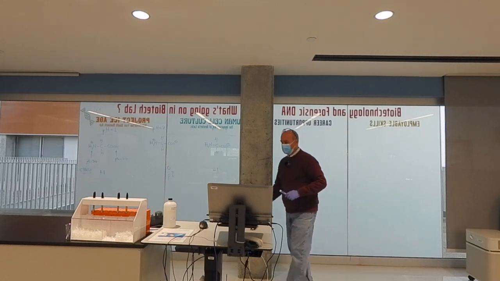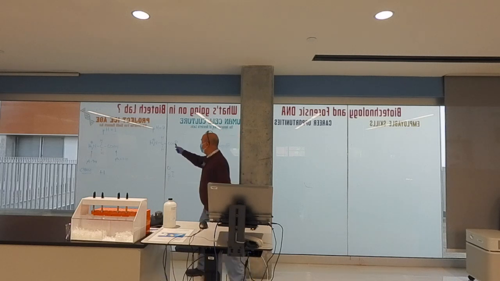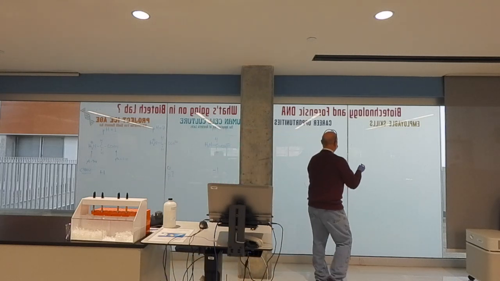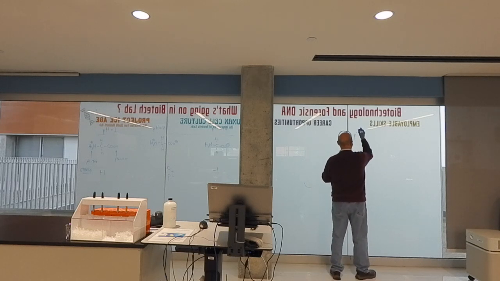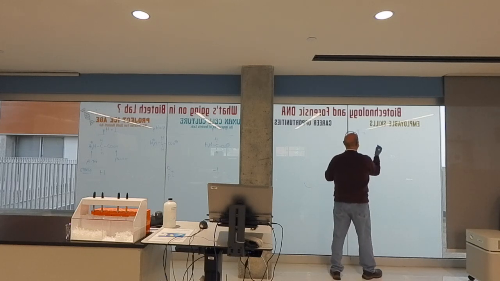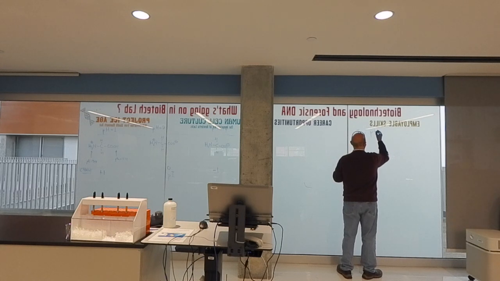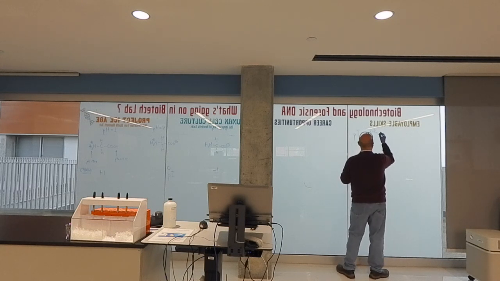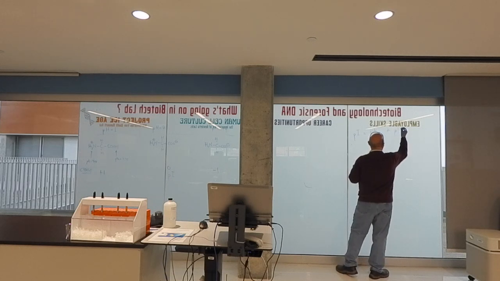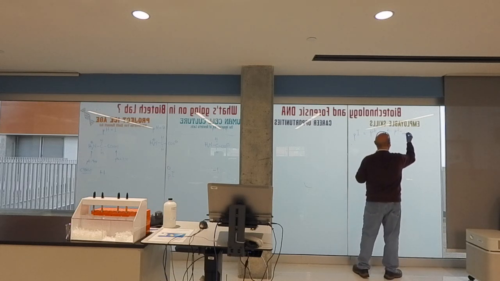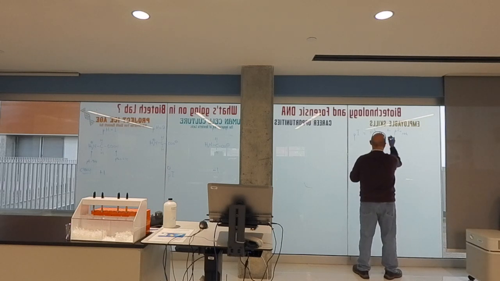And guess what? It's not 7. But let's see where it is. So how do I calculate the pI of glycine? It's going to be the pKa of the carboxyl group plus the pKa of the amino group divided by 2.